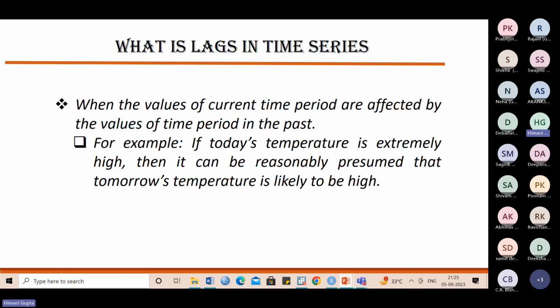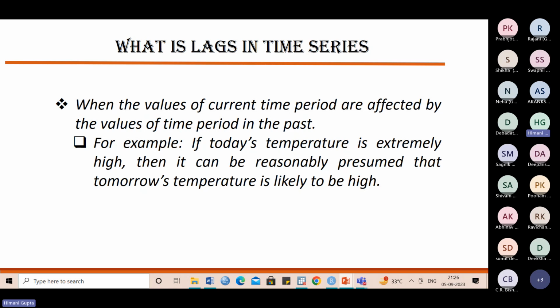If the company announces the dividend today, do you think that the announcement of the dividend on today's date will affect only today's price? It can be, it cannot be. It can also happen that I have announced the dividend today, but the price is affected after 2 days, after 5 days, after 1 month.